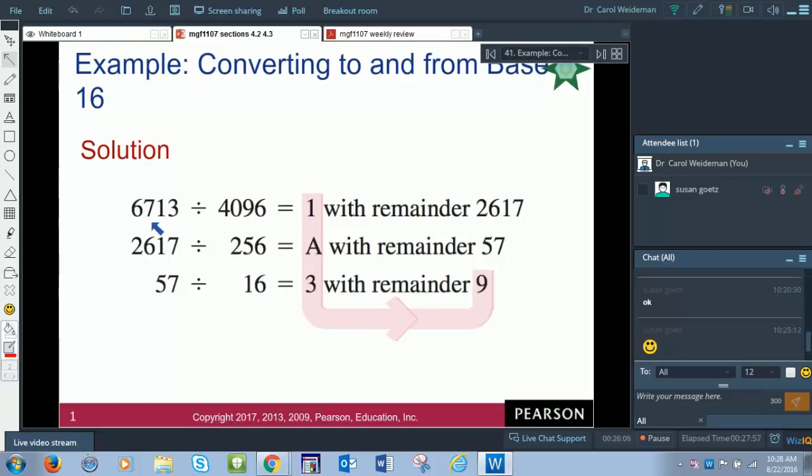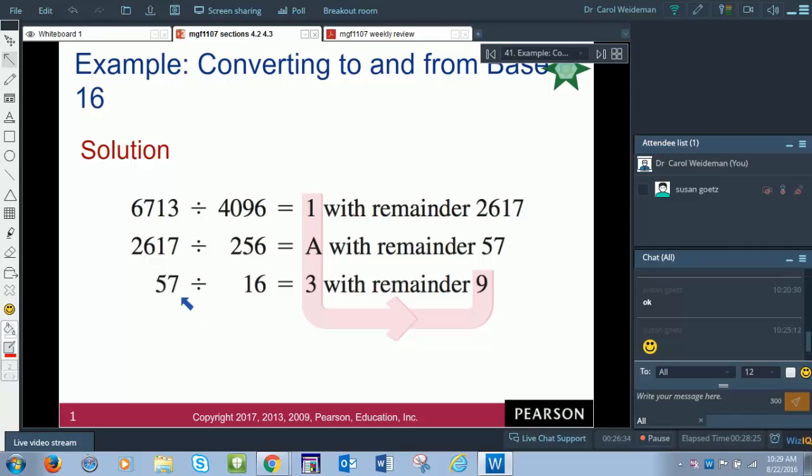So again, a little picture from your book. 6713 divided by 4096 goes in one time with a remainder of 2617. We drop to the next position, which has a value of 256. So take 2617 and divide by 256. When you actually divide it, you come up with a 10, which is represented by an A now, with a remainder of 57.